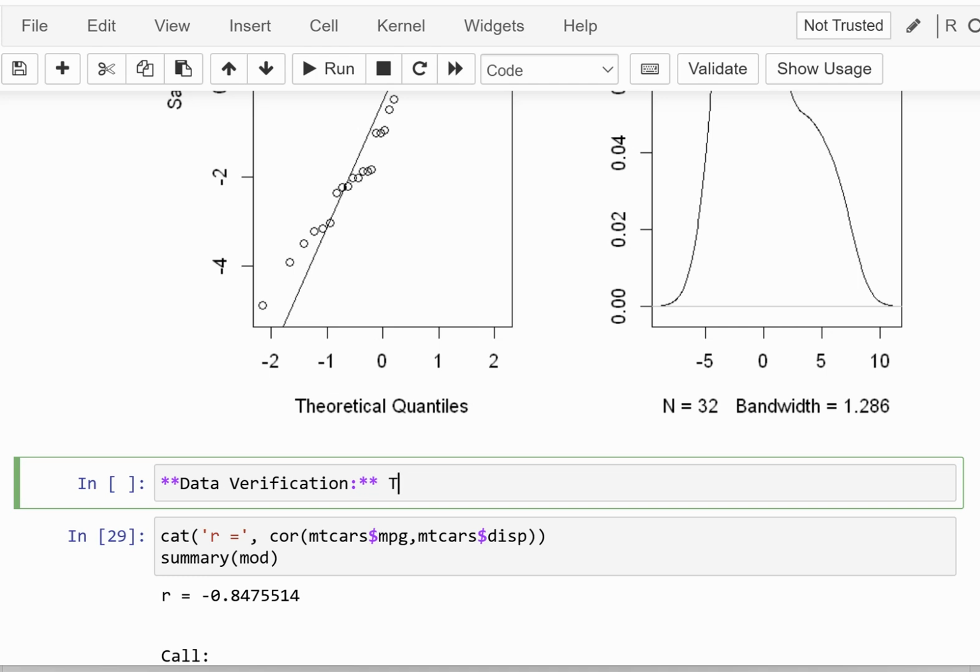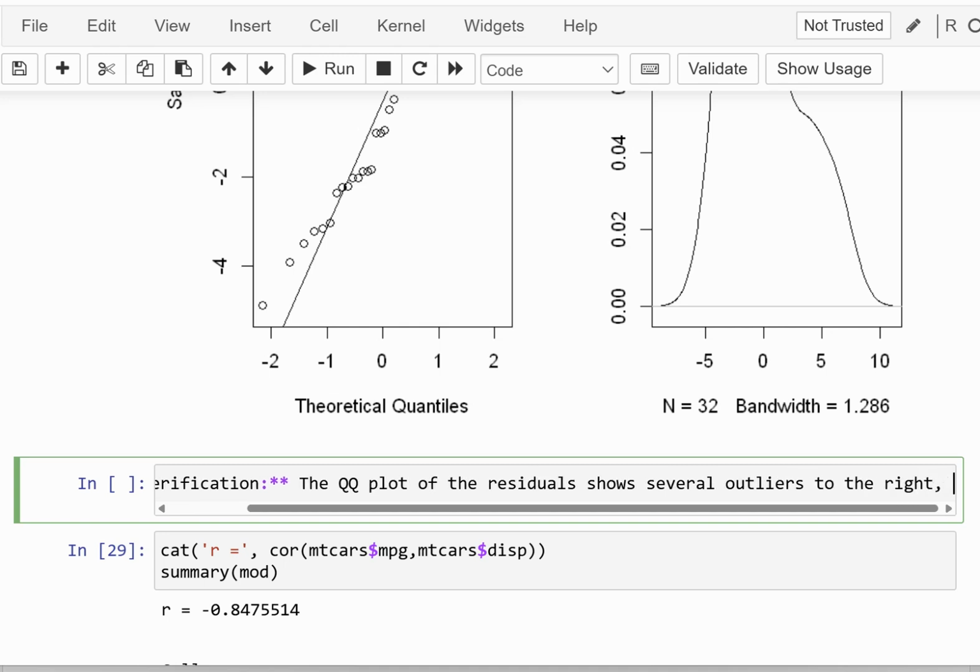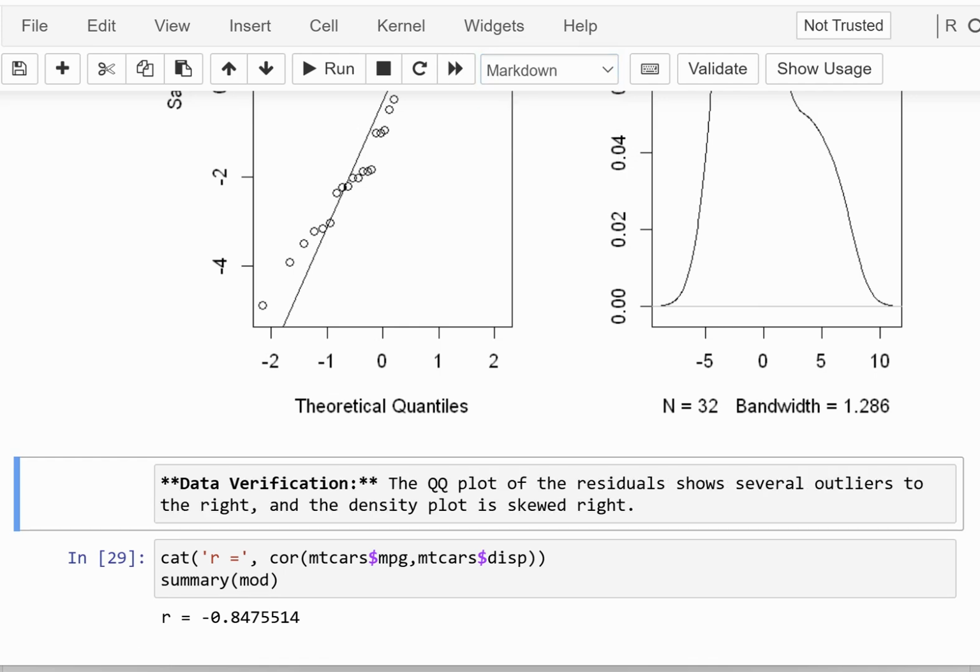Going to say the QQ plot of the residuals shows several outliers to the right, and the density plot is skewed right. Let me switch that to markdown cell.